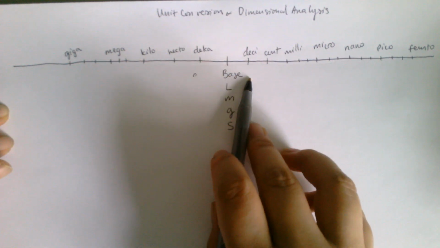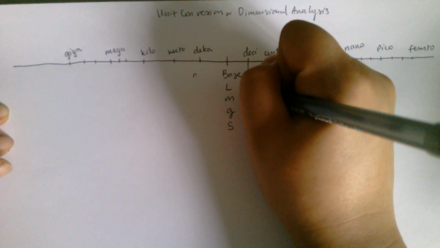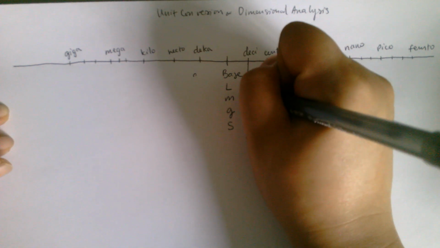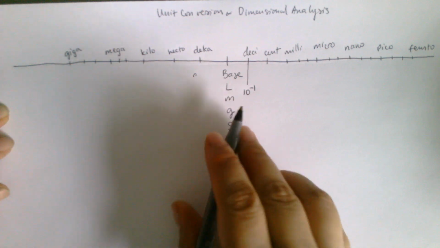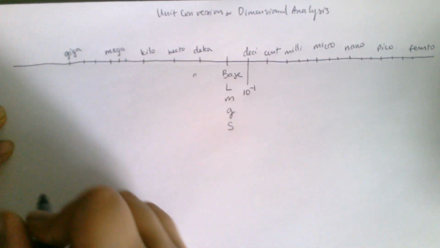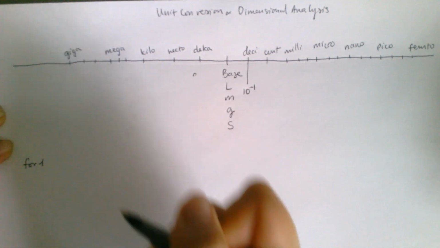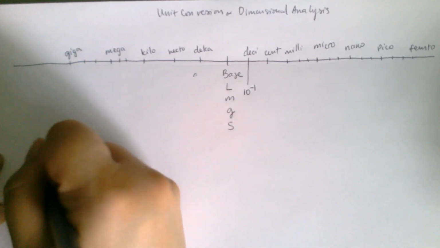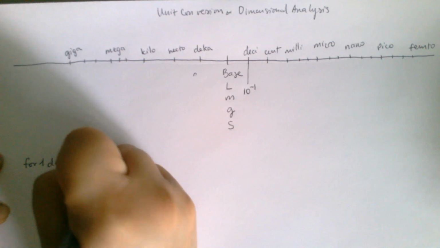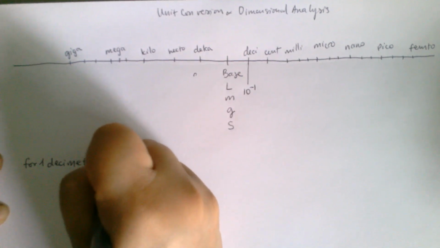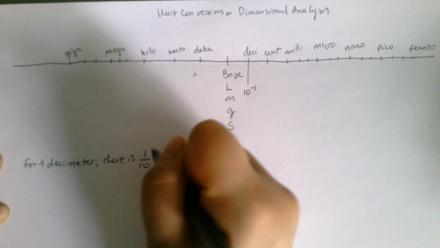So deci, we would say that it is either 1/10 or 10 to the negative 1. When we say that, what we really mean is for 1 decimeter, there is 1/10 meter.